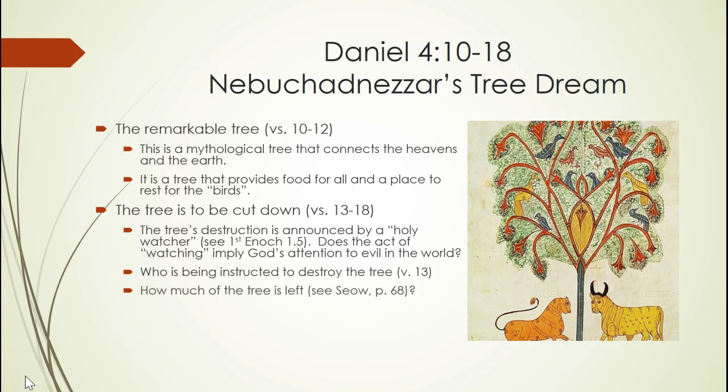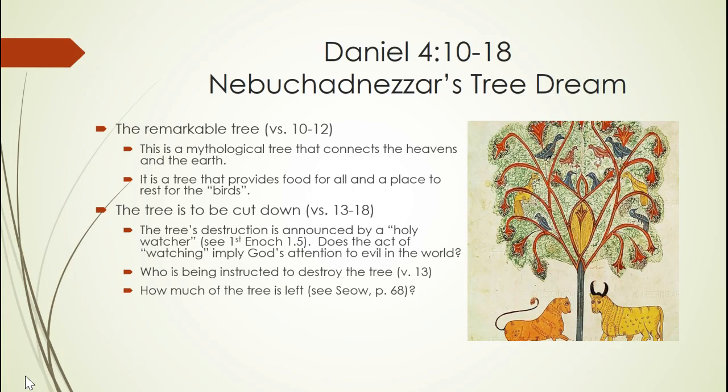So how much of this tree is left then, really, after being cut? Now, see on page 68, in the assigned reading that you have with Seow's commentary, you will notice that on that page 68, it's in the middle of that page.